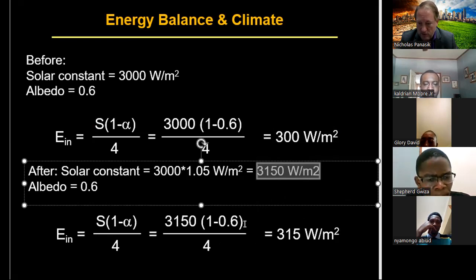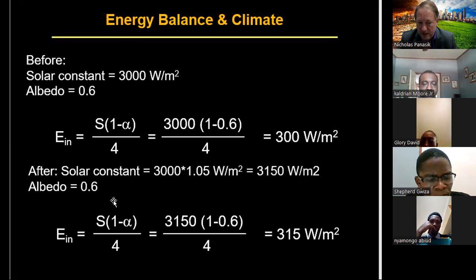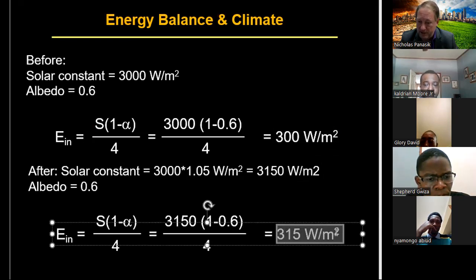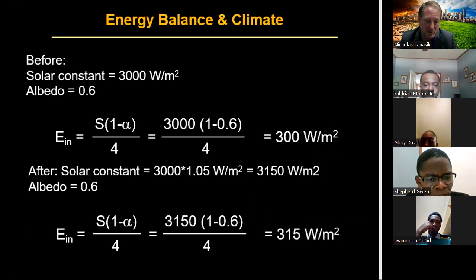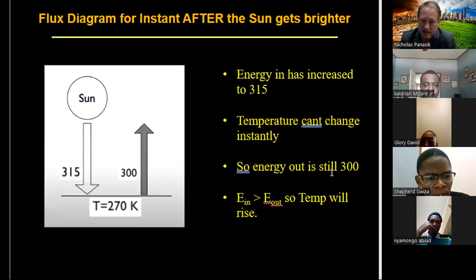figure this out, that means given the albedo of 0.6, the new energy coming in is 315 watts per meter squared. So the energy is increased to 315. And again, the instant after the sun gets brighter, remember, temperature can't change instantly.